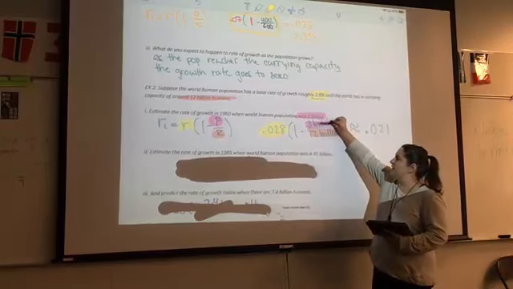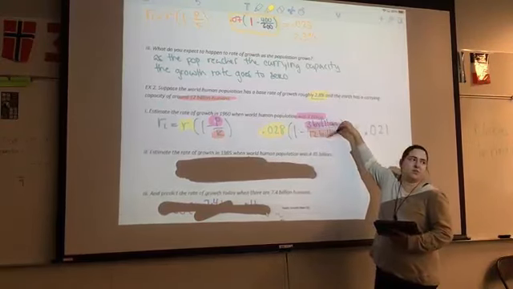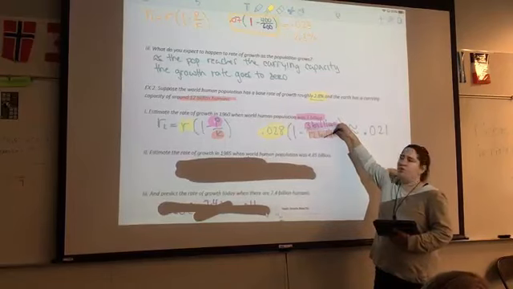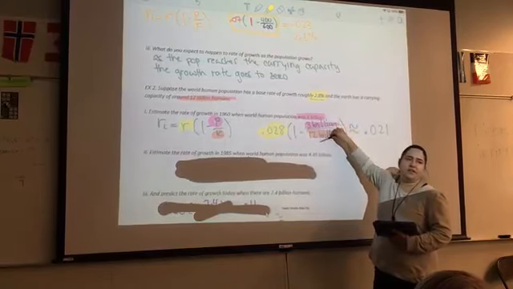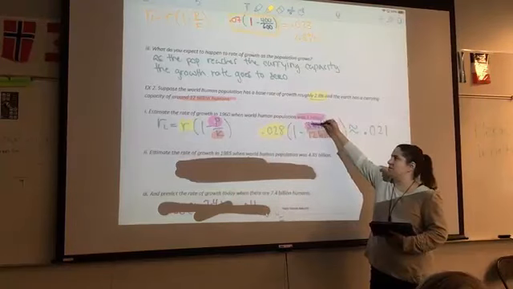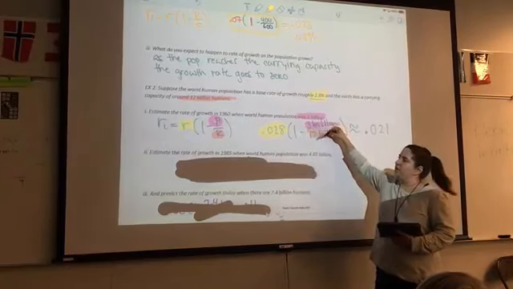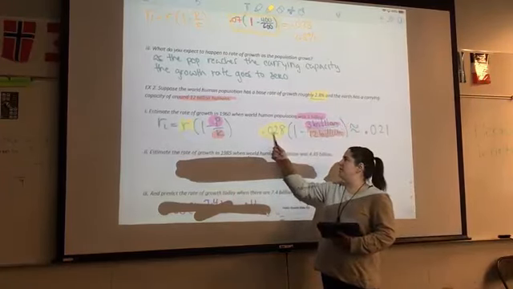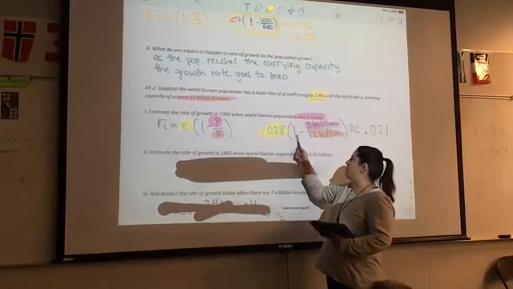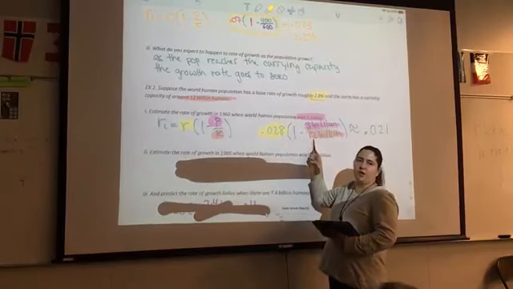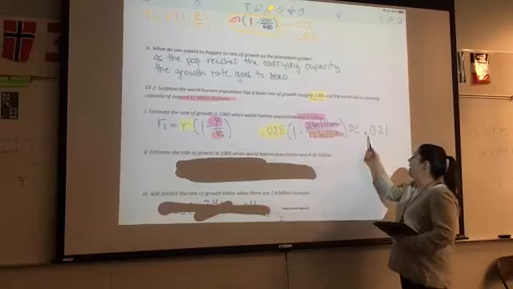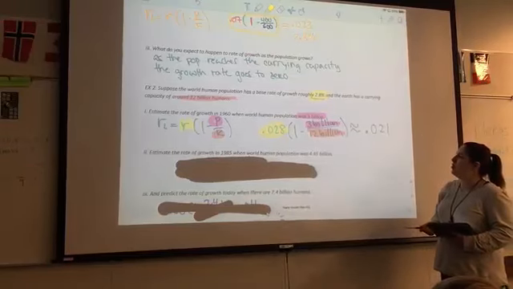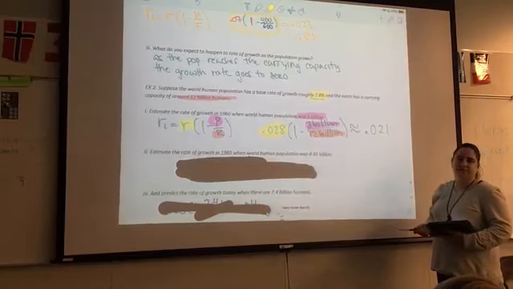This one's going to have as many zeros as this one because it's billion. So 3 billion over 12 billion is going to be the same ratio as 3 over 12. So you could have just done 0.028 times 1 minus 3 over 12, okay? And it's growing at a rate of 0.021.